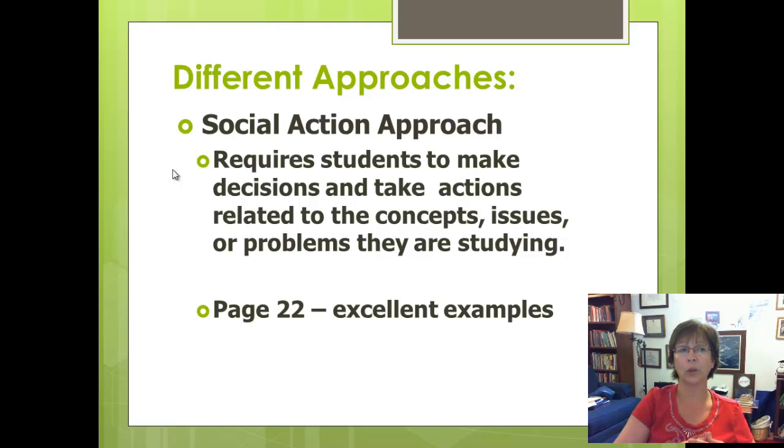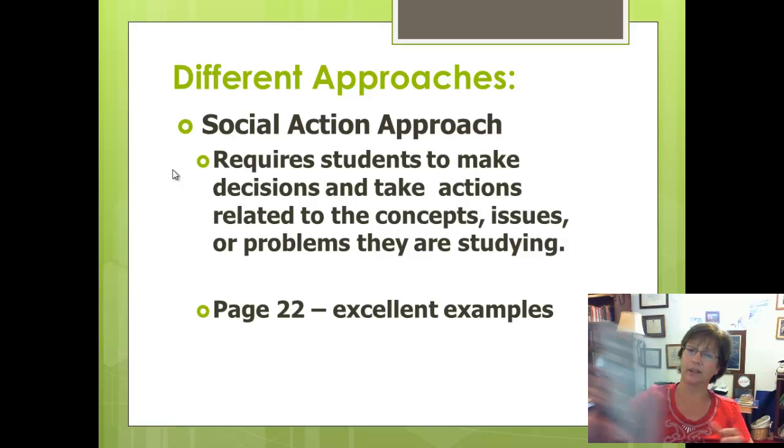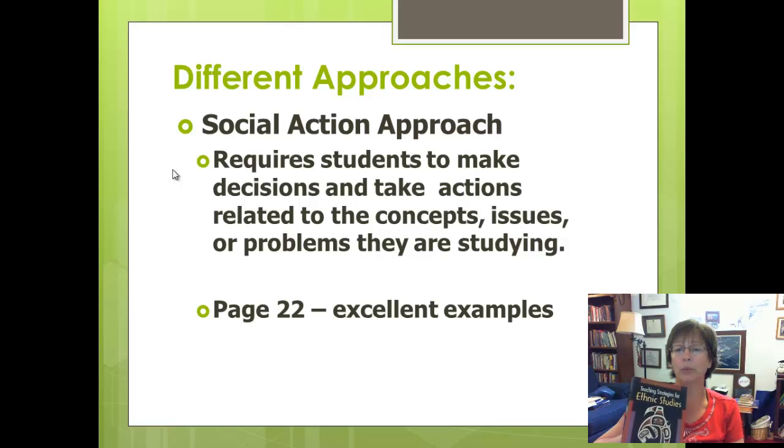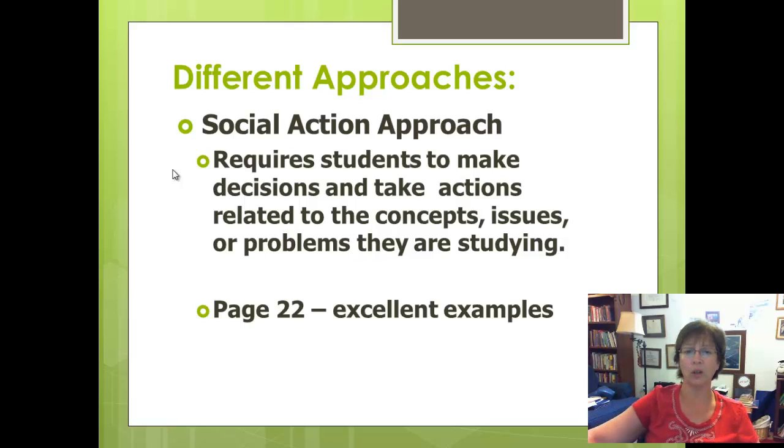If you're studying the civil rights movement, what are some things that students can do in order to combat racism? Or what can they do to combat prejudice, discrimination? So those are all things that you can do. And the book Banks, this is the book that you should be reading. On page 22, there are some excellent examples of the social action approach. So go back over page 22, which will again give you a good idea of what's going on.